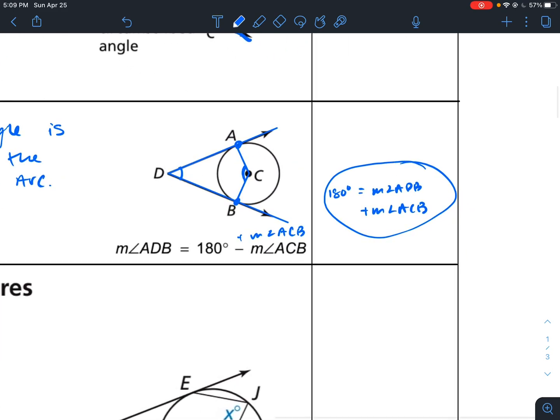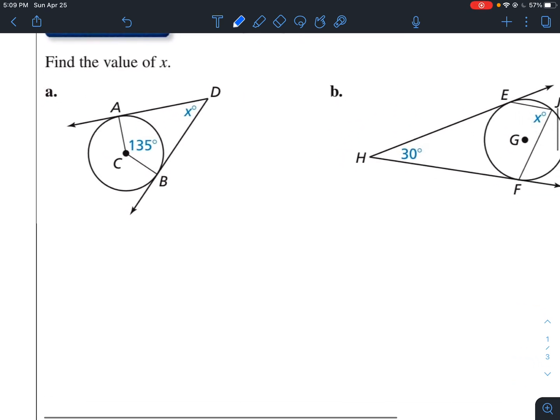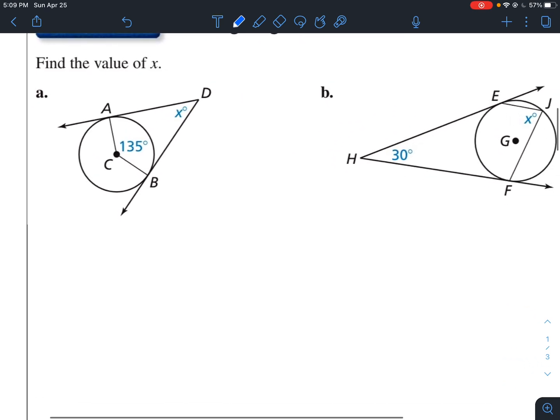Okay, so let's apply this theorem here. Find the value of x. We have the circumscribed angle right here. We know it's circumscribed because you can see that the sides are tangent to the circle and intercept at points A and B. And then we have the central angle, which intercepts the same arc, at 135.